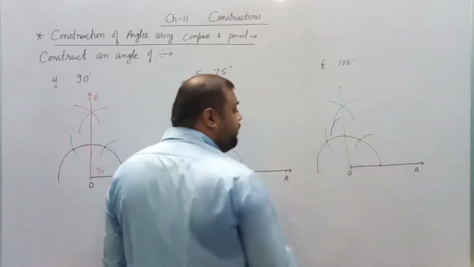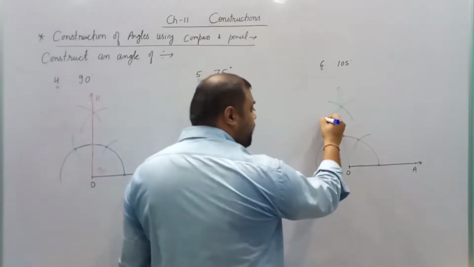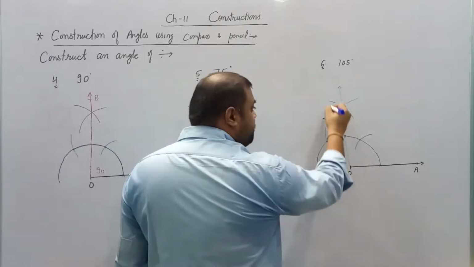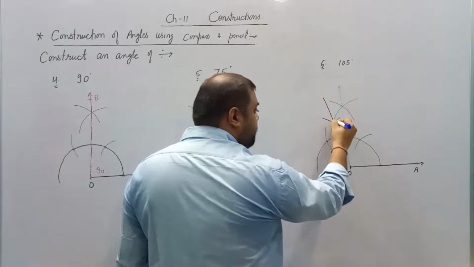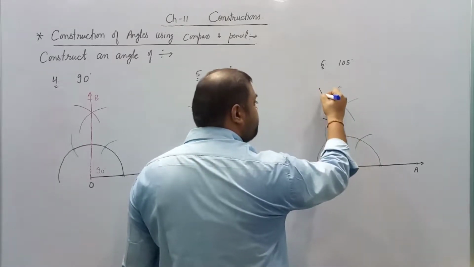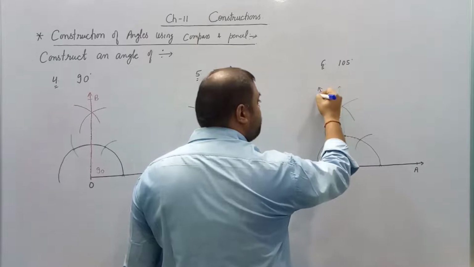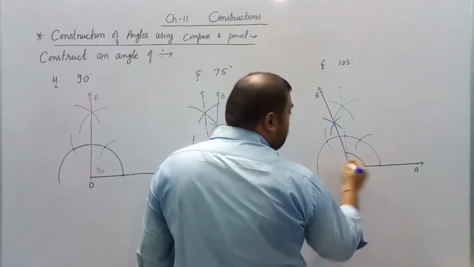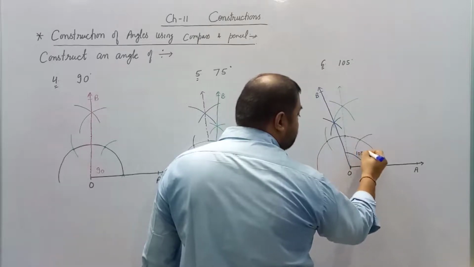Taking this point 120 as center and more than half of this arc, draw another arc. So this angle is 105 degrees.